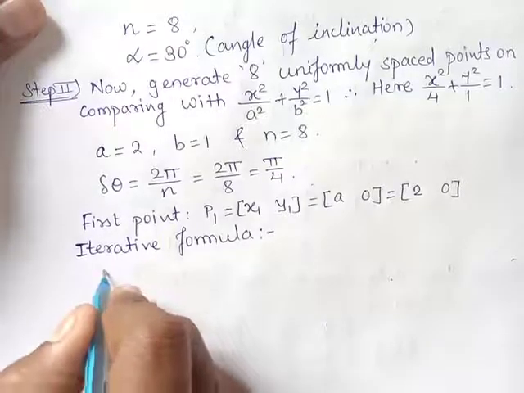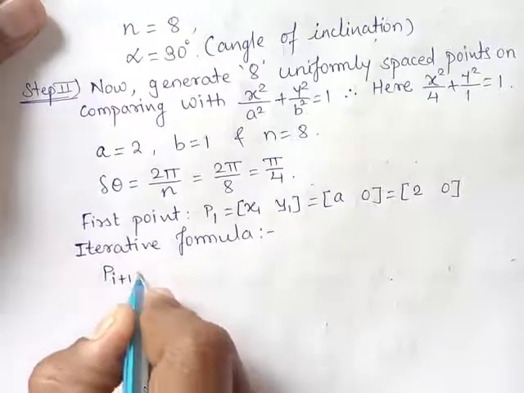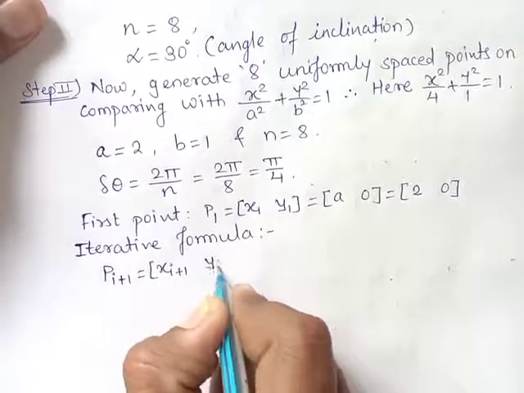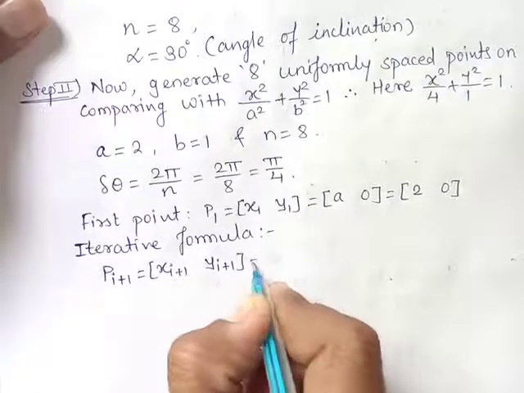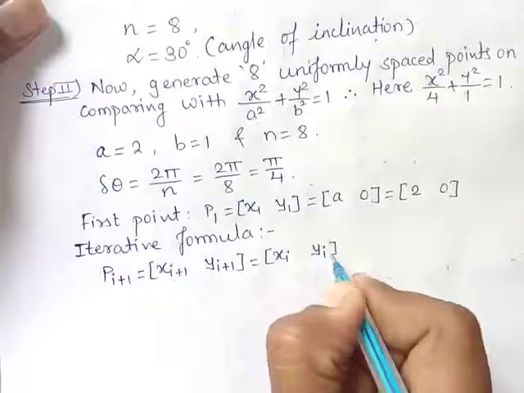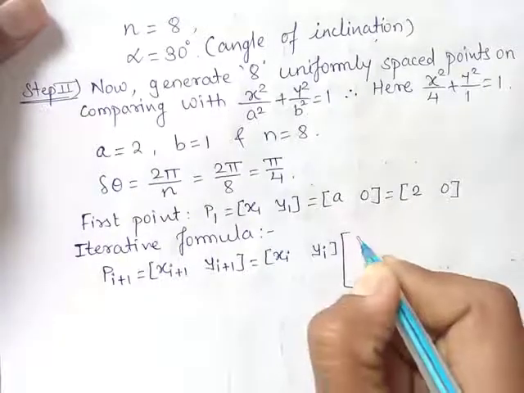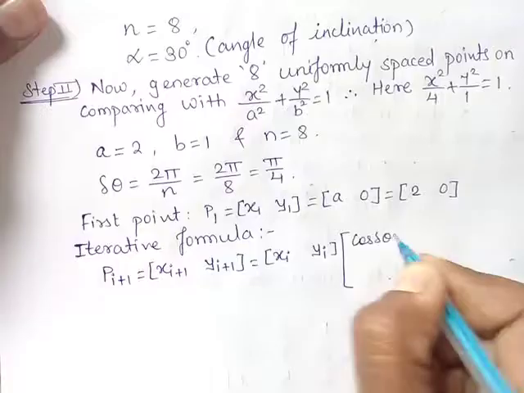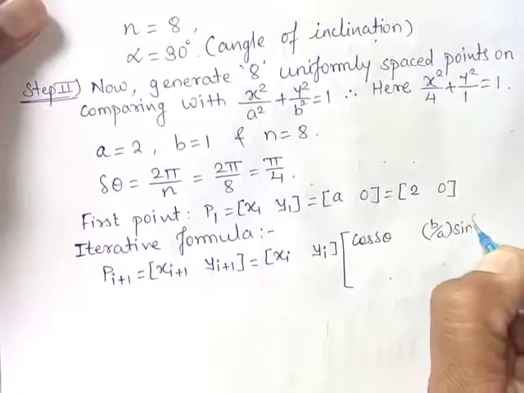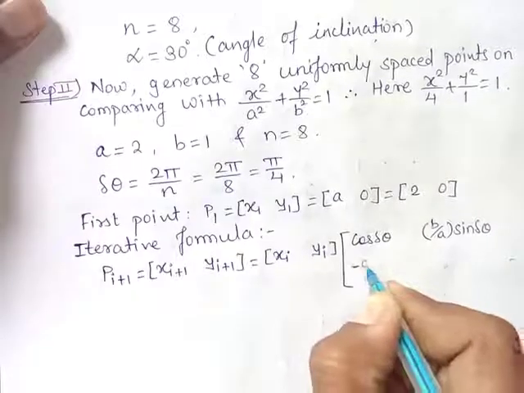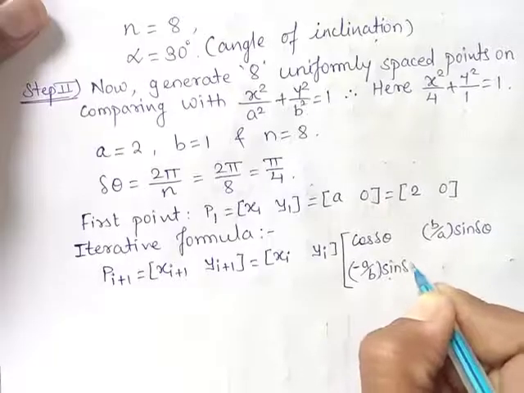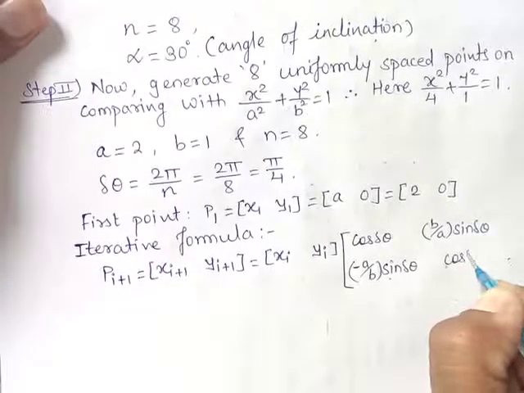We have P(i+1), that is (x(i+1), y(i+1)), equal to (xi, yi) into the matrix cos of delta theta, (b by a) sin of delta theta, minus (a by b) sin delta theta, cos of delta theta.